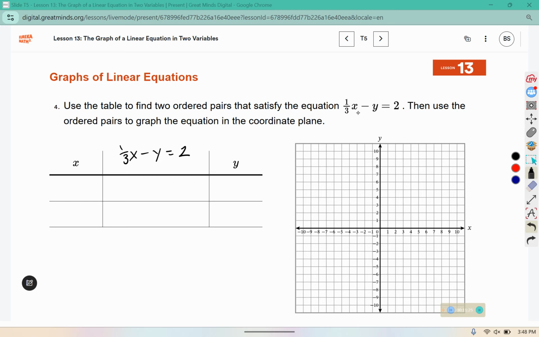So I will choose an x value that is going to eliminate this fraction. If it's 1/3 of x, I'm going to pick a multiple of 3 so that I get a whole number value out of it. So I might choose a number like 3 or negative 6.